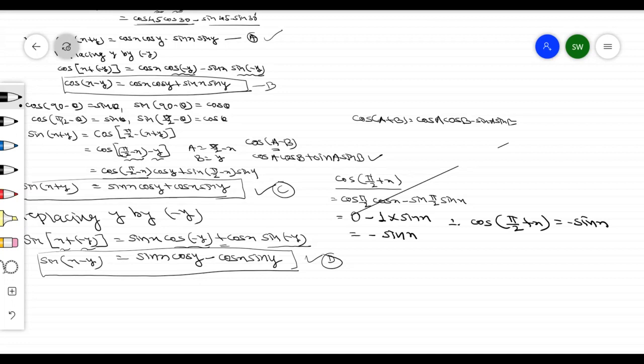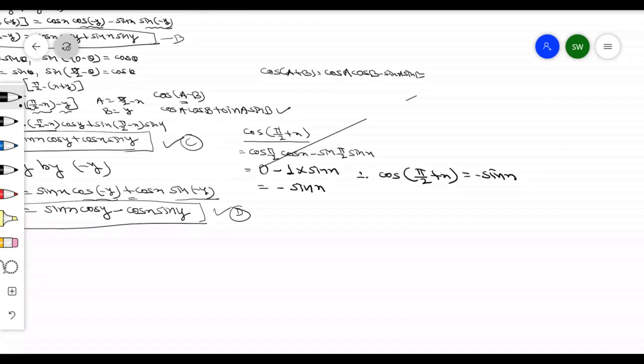Similarly, we can find the next result, that is sin(pi by 2 plus x). Use the formula sin(a plus b), which is sin a into cos b plus cos a into sin b. So sin pi by 2 into cos x plus cos pi by 2 into sin x.